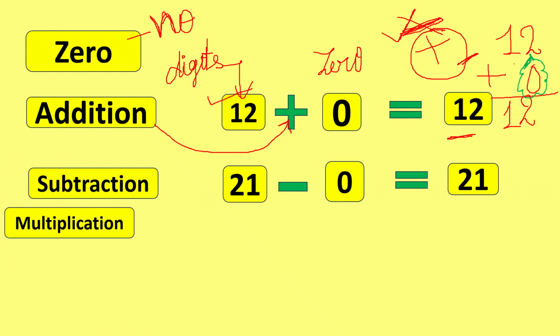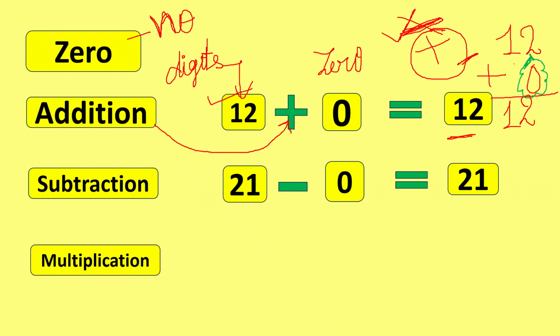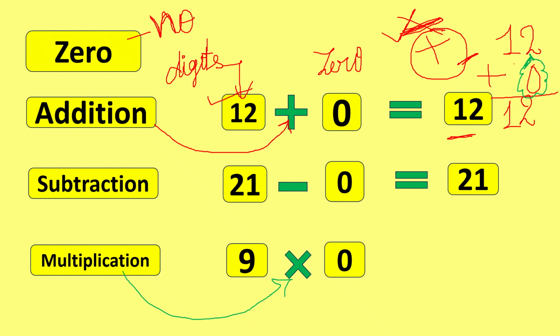The last one is multiplication. What about multiplication? If we take one digit and take a zero, what we have to do is take the symbol of multiplication, which is like a cross. So the outcome is again zero.